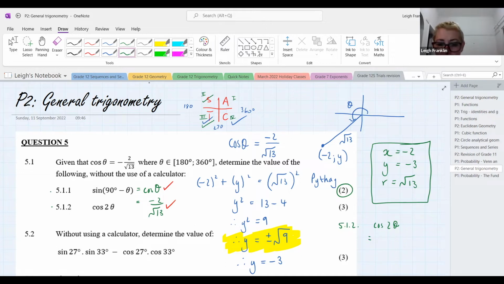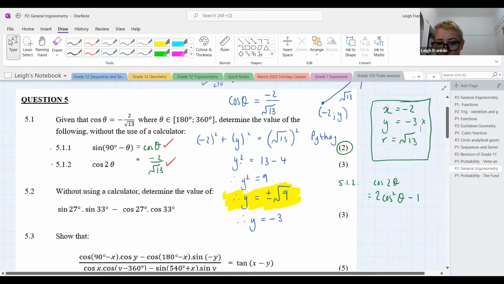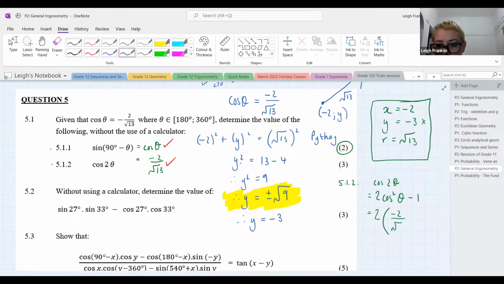What I would do here is write it as 2 cos squared theta minus 1. The reason I would do that is because I've already got cos theta. So there's no point going and working out what sine theta is, because I actually don't need it. To be honest with you, we actually didn't need to do this, but we didn't know that before we got started. Never mind. So 2 cos squared theta minus 1. Now we sub in cos theta is minus 2 over root 13.